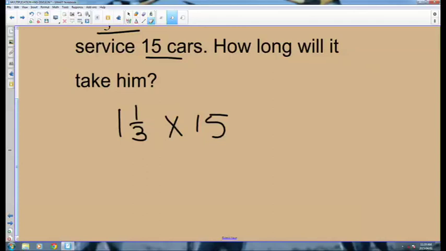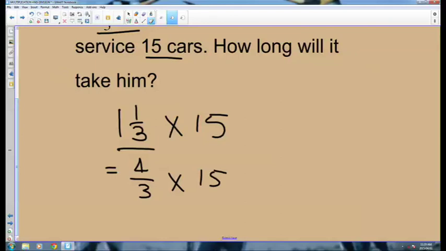Now you have to change this mixed number into an improper fraction. Now how do we change this mixed number into an improper fraction? 3 times 1 is 3 plus 1 is 4 divided by 3. This will be equal to 4 divided by 3 times 15.